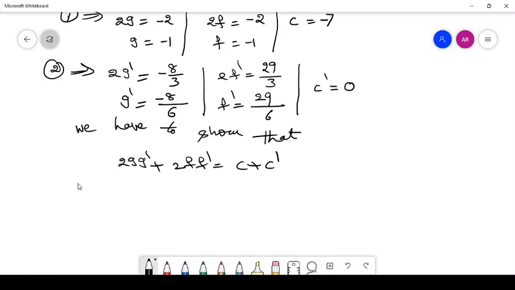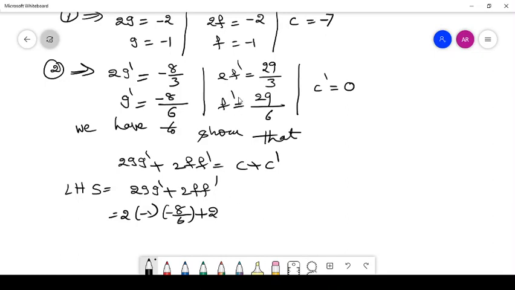So first we have to take the LHS. What is the LHS? 2g dash plus 2f dash, that is the LHS. 2 into, what is the value of g? Minus 1, and g dash is minus 8 by 6, plus 2, f is minus 1, f dash is 29 by 6. Minus into minus is plus, 2 1s are 2, 3s are, so that is 8 by 3.